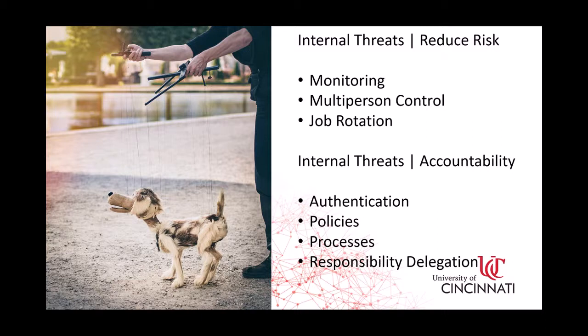We need to think about accountability as well. We need to make sure that we know who is using the system through appropriate authentication, have policies and procedures around what to do and what to do after there is some kind of breach, and then make sure that we know who is responsible in case something happens.